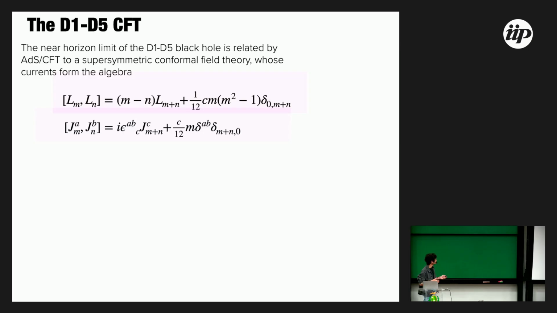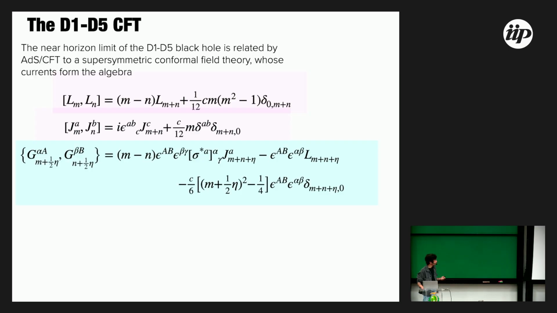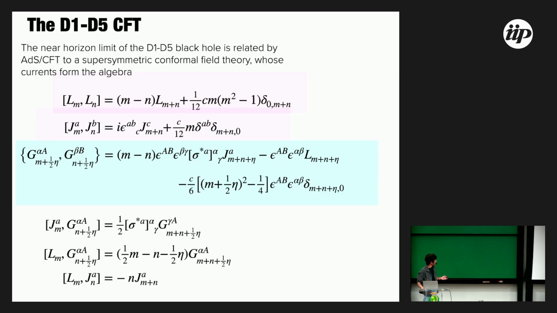It has some current symmetries, which I call J. It is supersymmetric. It has 4 supersymmetries, so it has supersymmetry generators. And they combine into this superconformal algebra, which has a lot of letters, but okay.